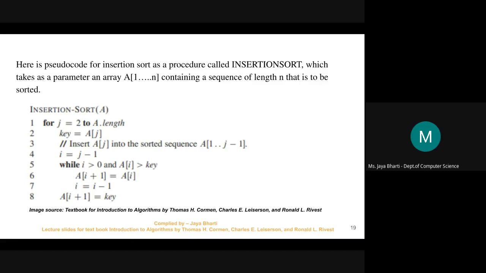Now you need to go through the second to the nth value. A dot length means the length of the array. So what is the length of our array? It is n. So you need to start from 2 and go to n. So the for loop is for j is equal to 2 to n.